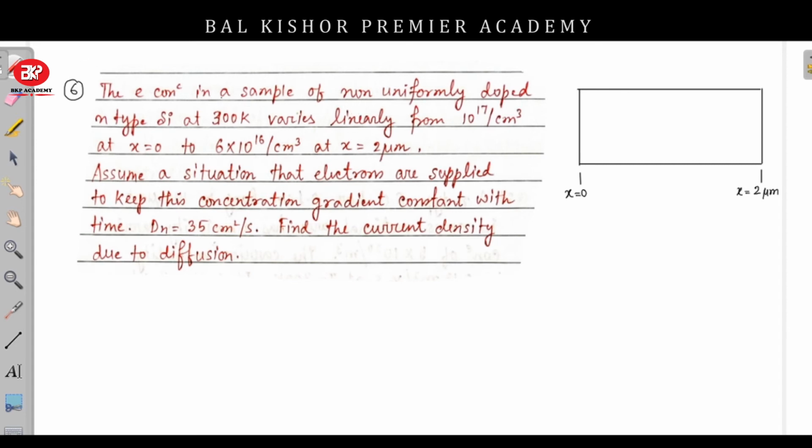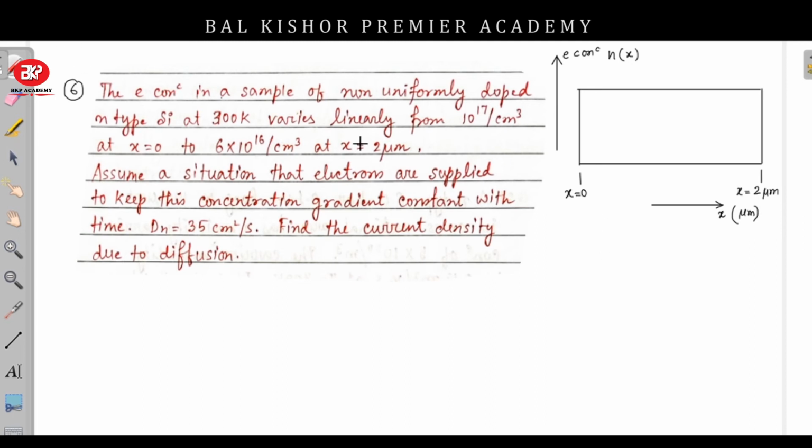So how is it varying? If we plot the electron concentration in this direction and distance in this direction, let us say on the y-axis we are plotting the electron concentration nx, which is varying with the distance x, and in this direction we are varying x in micrometer.